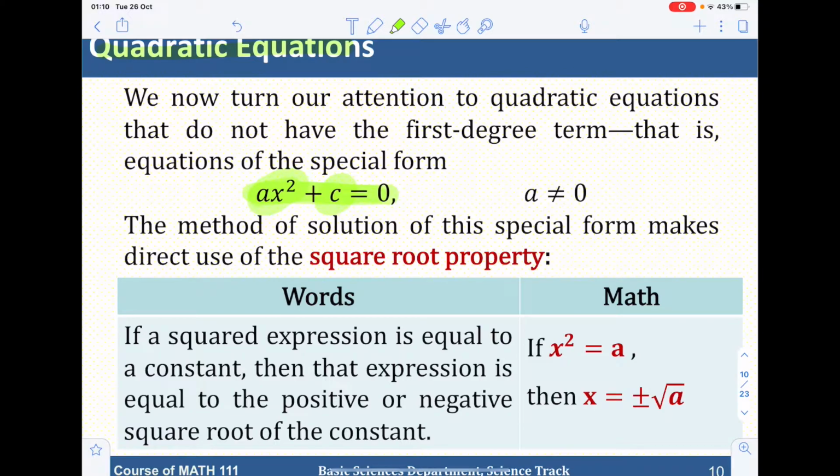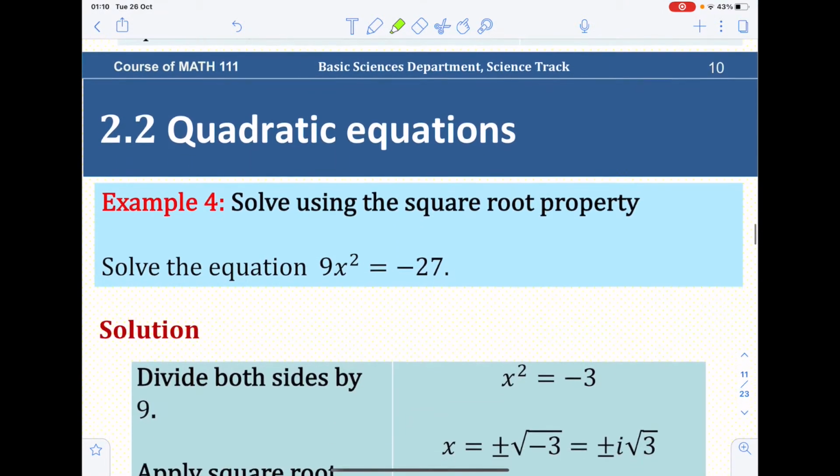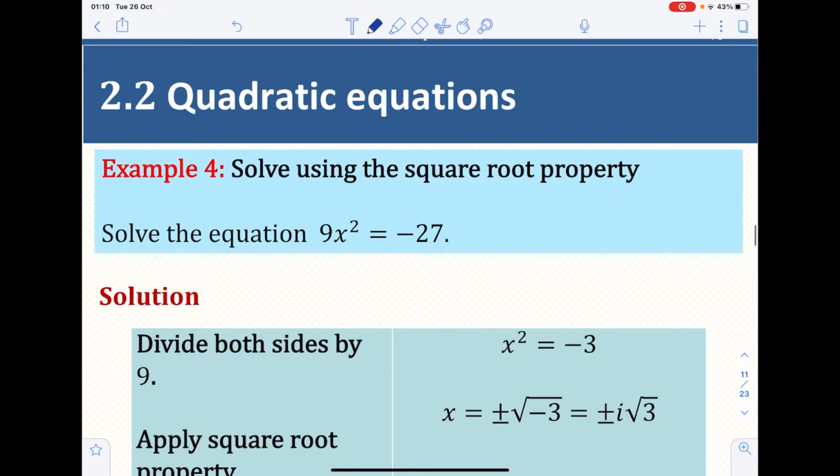So in this case, I will use the square root property, which means I will put the x squared by itself on one side and the other numbers on the other side. Then I will write x equals plus or minus the square root of a. Let's see how we can do that with this example. I want x squared by itself on one side, so I will divide both sides by 9.